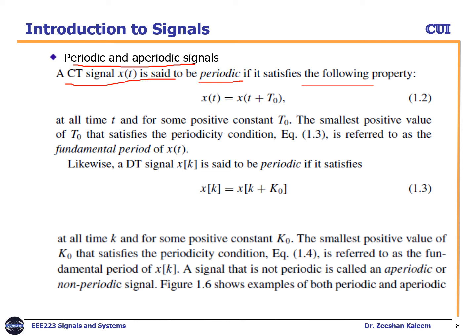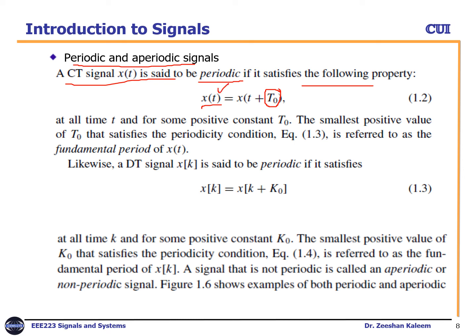For a continuous time signal x of t, the time axis is continuous and the signal is continuous with respect to time. If we repeat it after a time period t naught, x of t plus t naught, and it looks similar to x of t, then it is called a periodic signal.